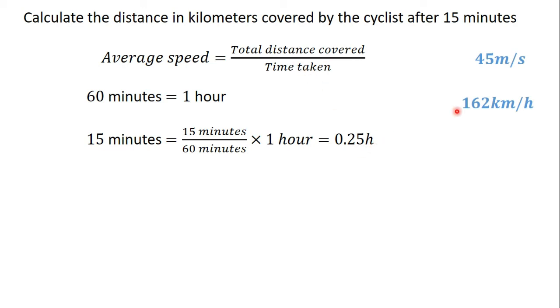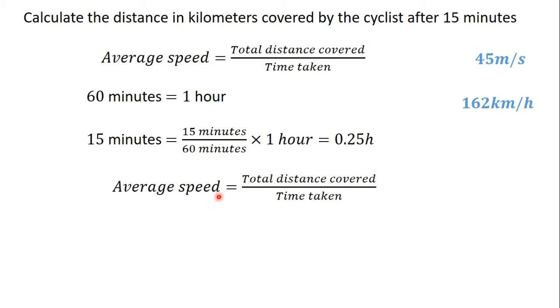We can find the distance in kilometers. We know that average speed is equal to the total distance covered divided by the time taken. The average speed we are going to use is 162 kilometers per hour. The total distance covered, that is what we are looking for, divided by the time taken, which is 0.25 hours.